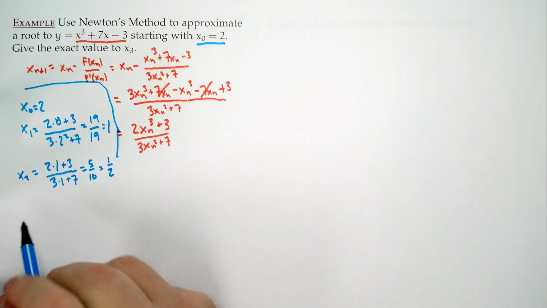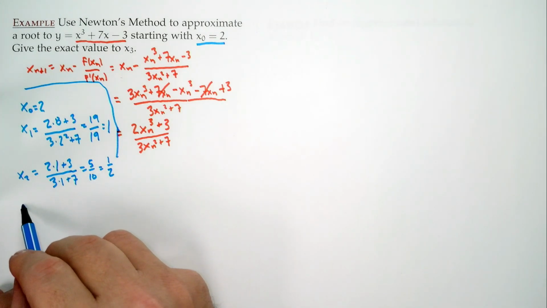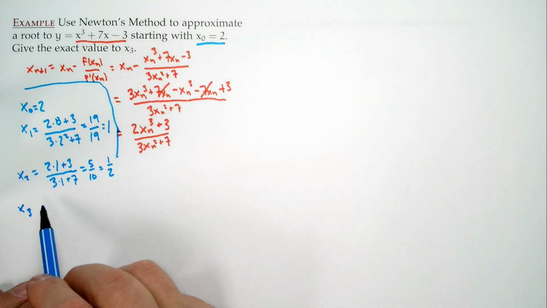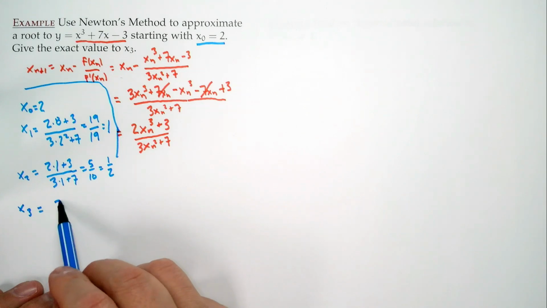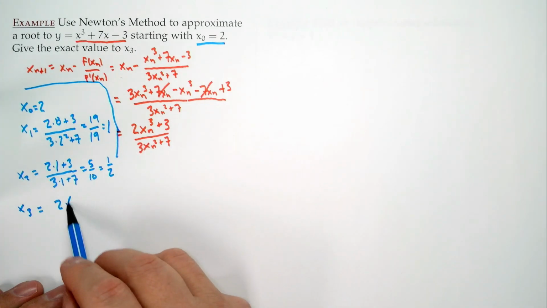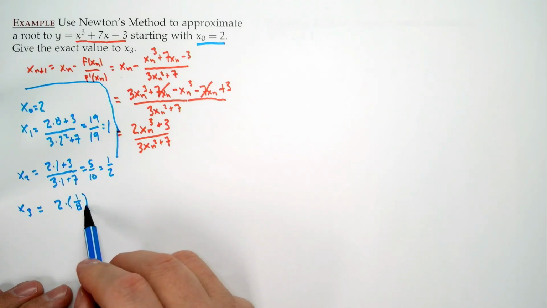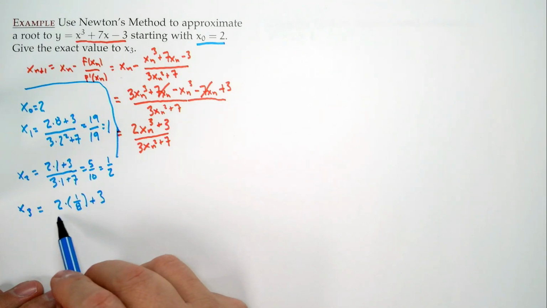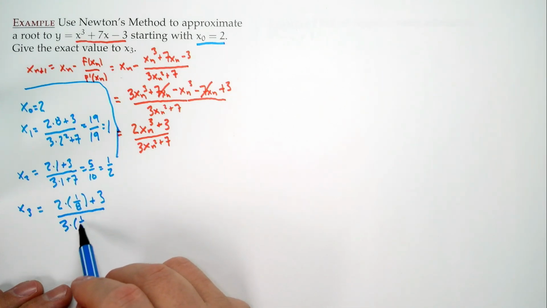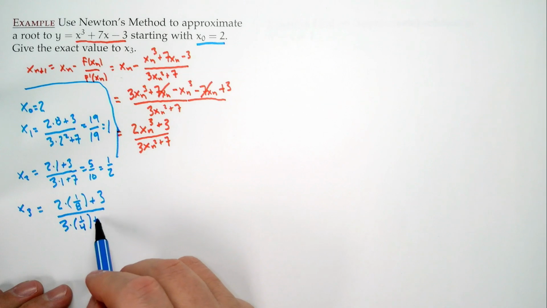That's not so bad. All right, x3, because it says find the exact value for x3. So that's going to be 2 times 1/2 cubed. That's 1/8. Plus 3. Divide that by 3 times 1/2 squared, a fourth, plus 7.